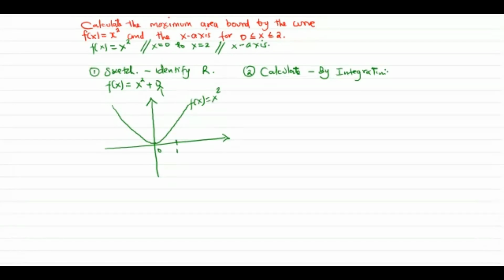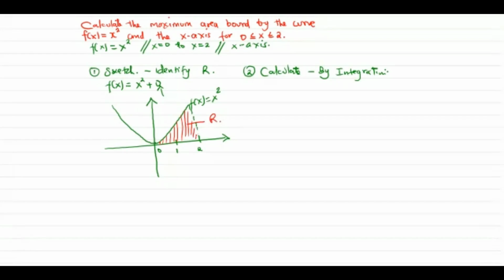Then we have x equals 1, then we have x equals 2, and of course that is the upper limit. So our area of interest, therefore, is going to be that area enclosed by the curve, the x-axis, and x equals 2. So I want to call that area R, our area of interest.